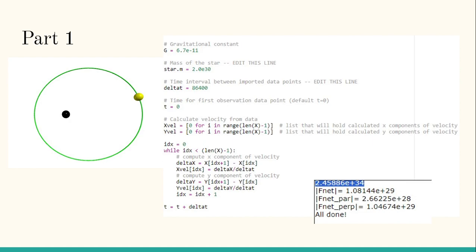For example, the mass of the star is 2 times 10 to the 30th, and the delta t is 800 and 6400, and the initial time is 0.